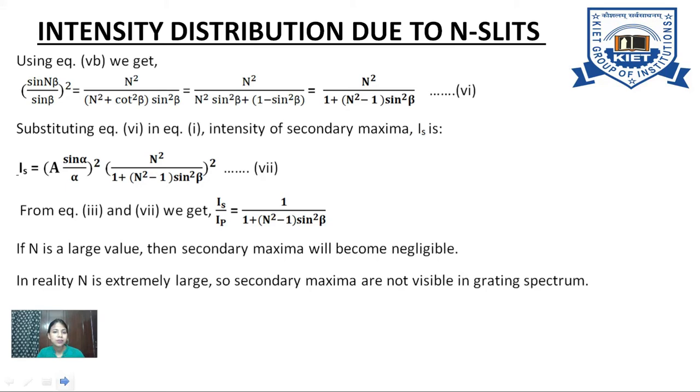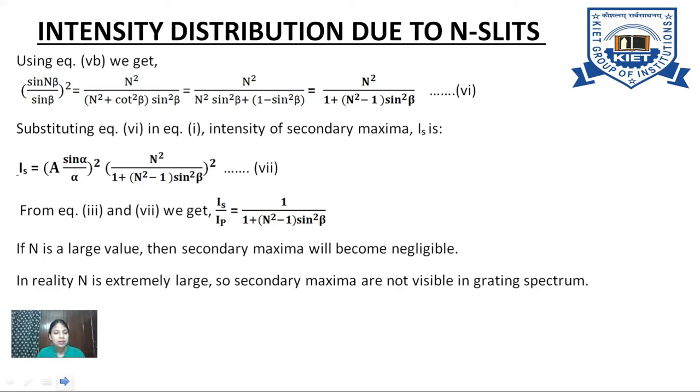We substitute this value of (sin Nβ/sin β)² in equation number 1 to get the intensity of secondary maxima, which we denote by capital I_S. So I_S becomes A² (sin α/α)² times [N²/(1 + (N² − 1) sin² β)]. So from equation number 3 and this equation which we just found out, we get the ratio of intensity of secondary maxima to the intensity of principal maxima is 1/(1 + (N² − 1) sin² β).